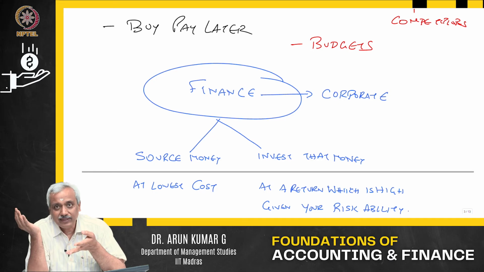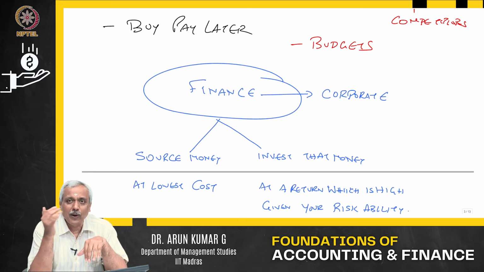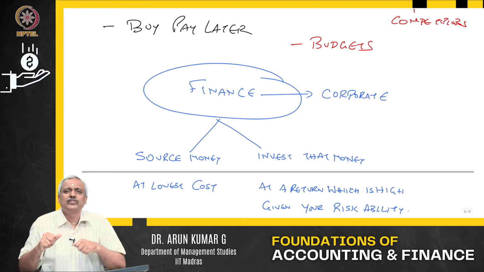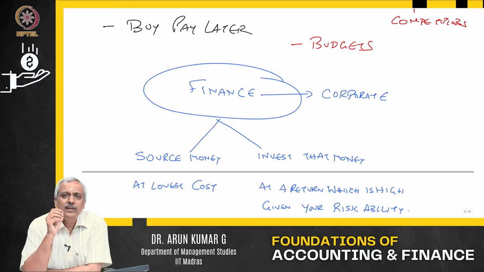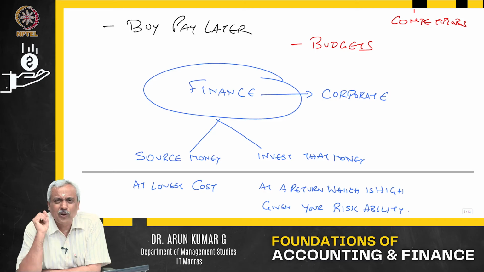So when you do that, the cost of the source from which you borrow will also be high. Let me give you a simple example. I borrow money to invest in a very safe asset.